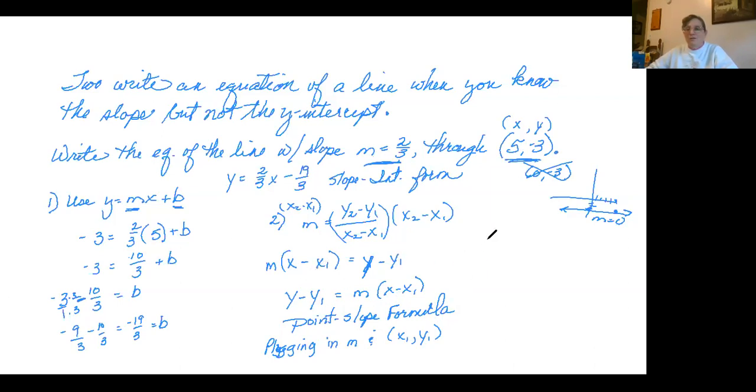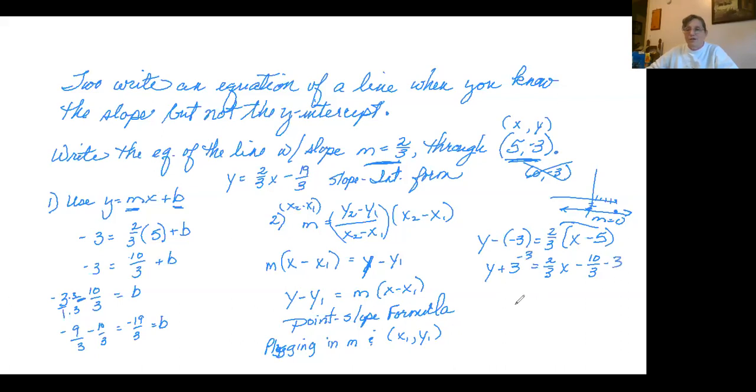To use this formula, we would put y minus -3 equals the slope, 2/3, times x minus 5. This is y plus 3 equals, if I distribute this, 2/3 x minus 10/3. You notice we got the same numbers coming up as before.